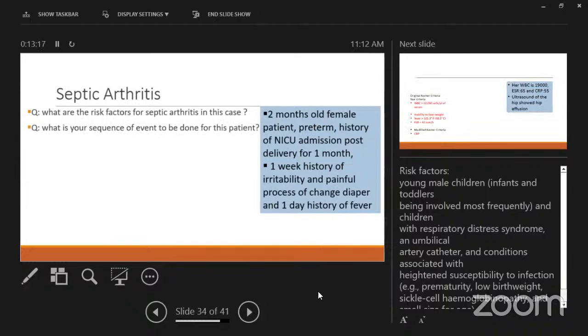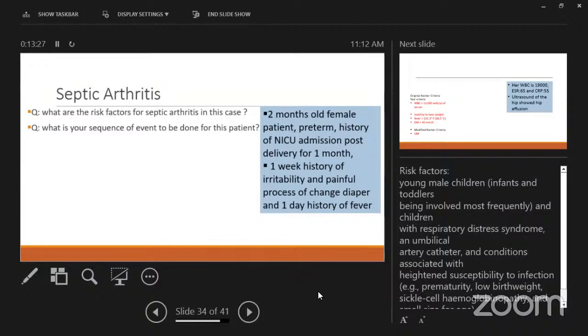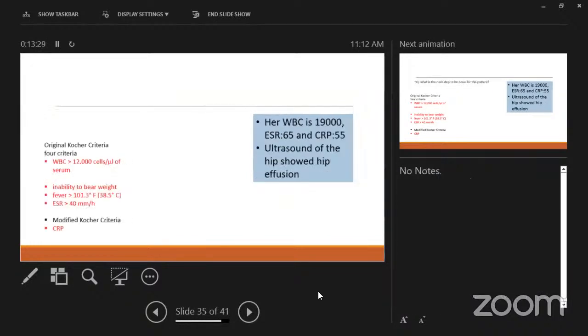The age, preterm, ICU admission, and umbilical catheterization. We did an X-ray, ultrasound, and lab. The WBC was 19,000, ESR high, CRP high, ultrasound showed hip effusion.